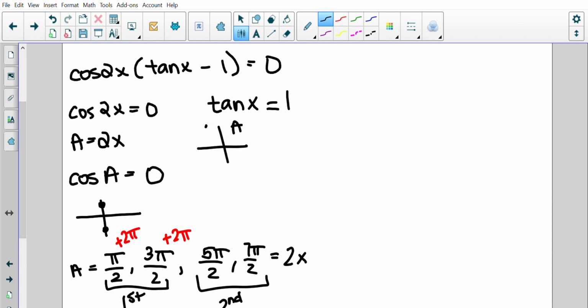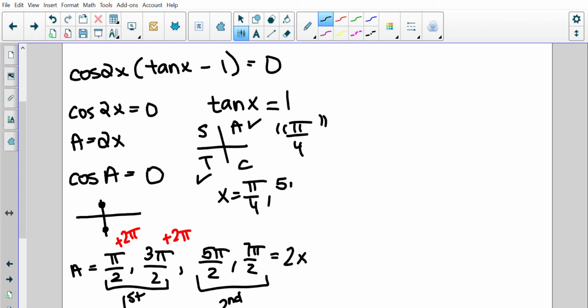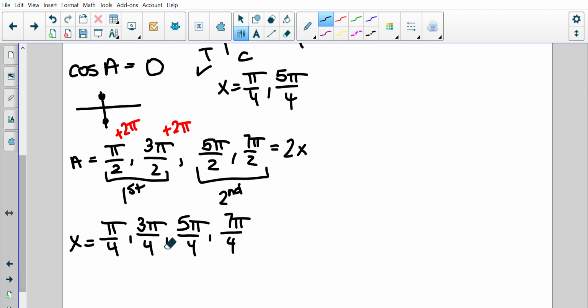Again, that's where tan is positive, so that's quad 1 and 3. And I already know this is my 45, 45, 90 triangle, so my reference angle is pi over 4, which means x is pi over 4 and 5 pi over 4. But those are redundant answers from what I got here, so you don't have to write them down twice. It's okay to just write it down once.